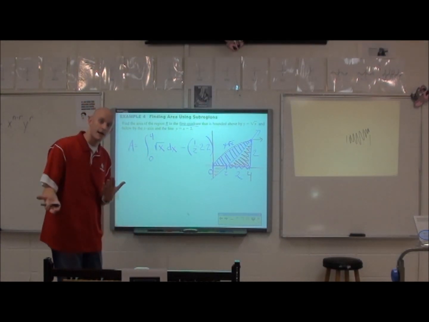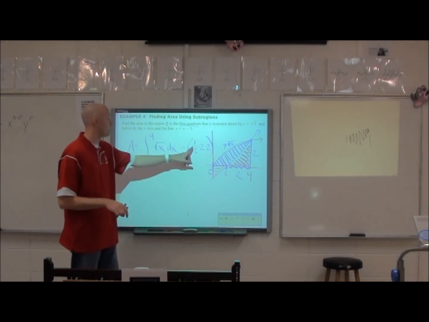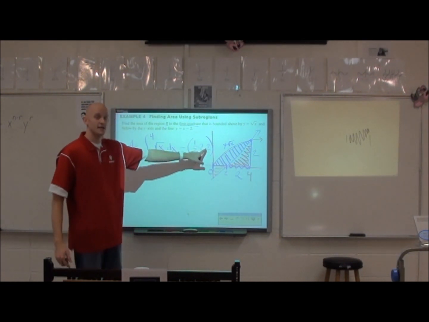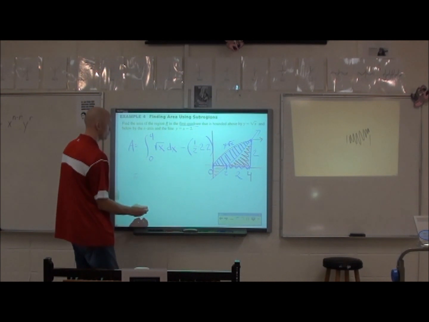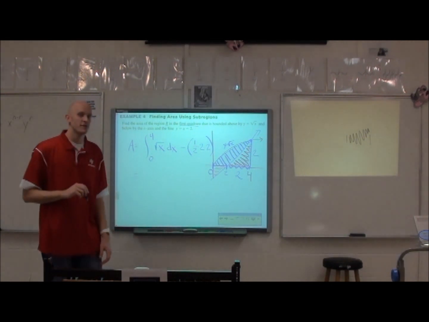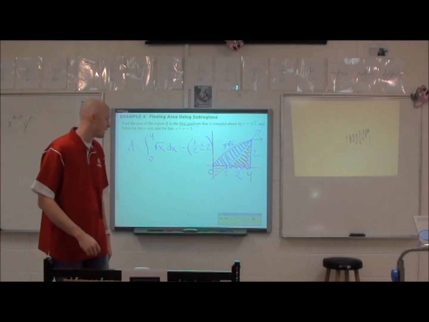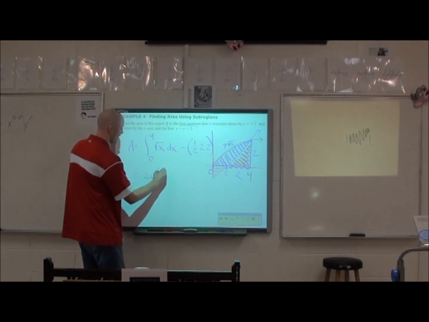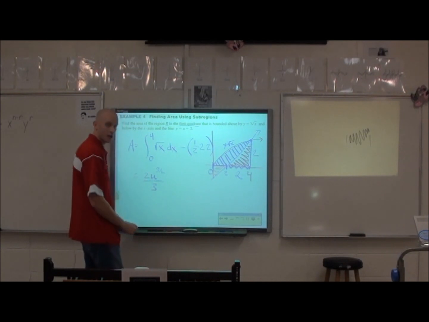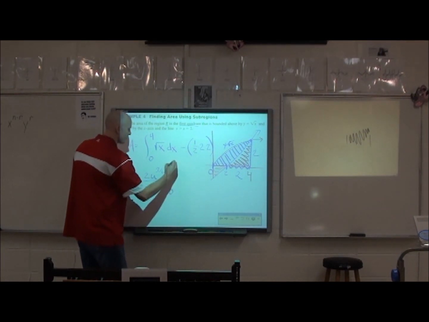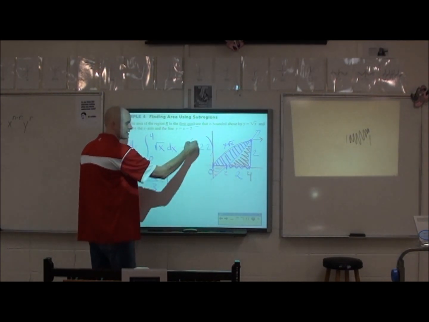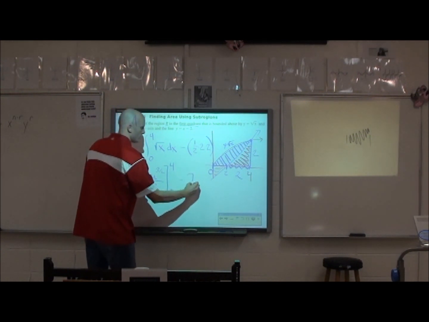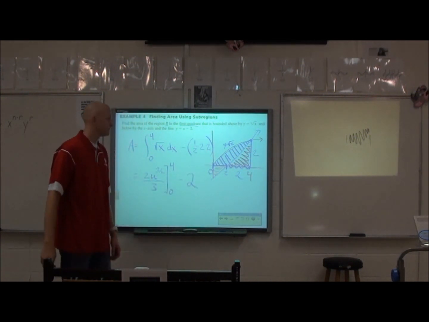So, you can do that in the calculator, or you can do that by hand. This, obviously, is 2. So, it is equal to the antiderivative of the square root of x, which is 2x to the 3/2 over 3, evaluated from 0 to 4, minus the area of the triangle, which was 2.